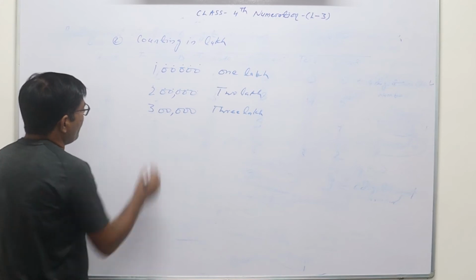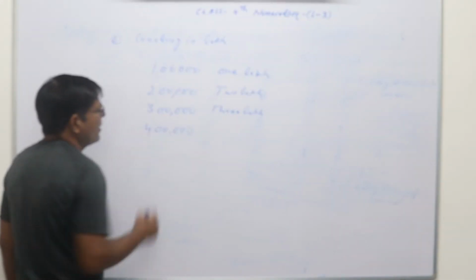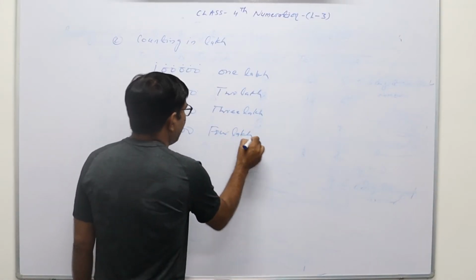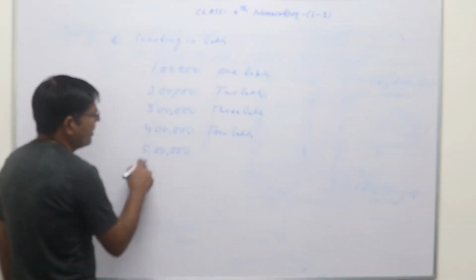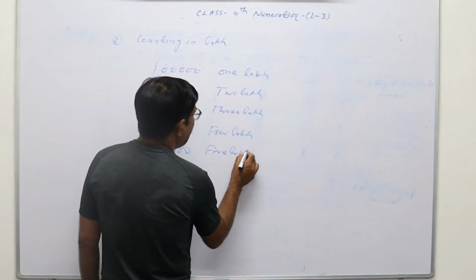Similarly, if you have to write 4 lakh, then put 5 zeros after 4. So this is 4 lakh. Then if you have to write 5 lakh, then put 5 zeros after 5. So this is 5 lakh.